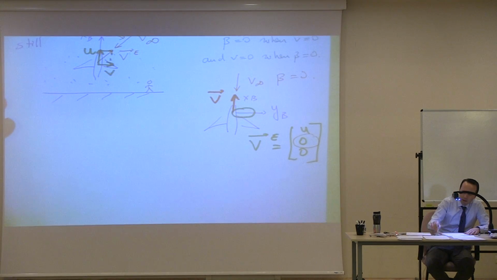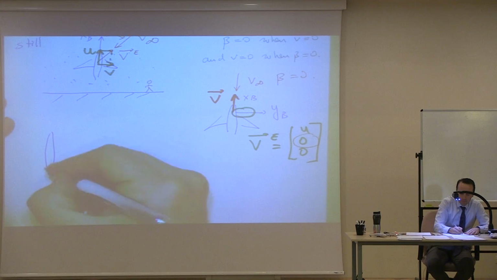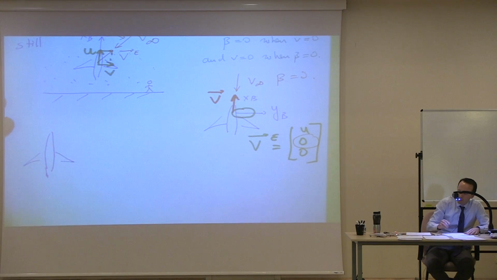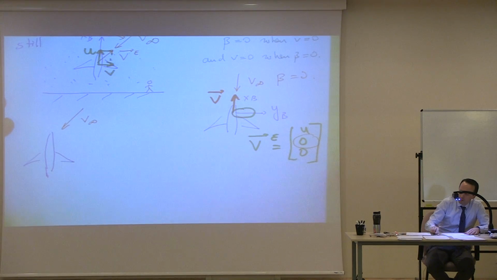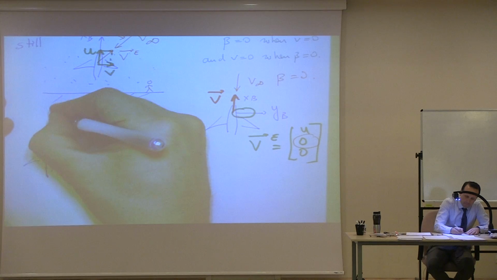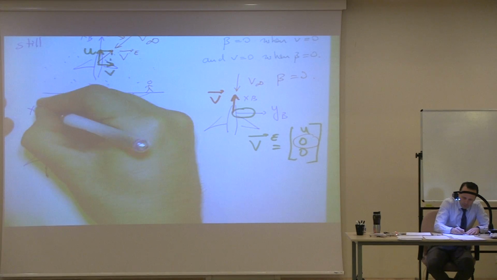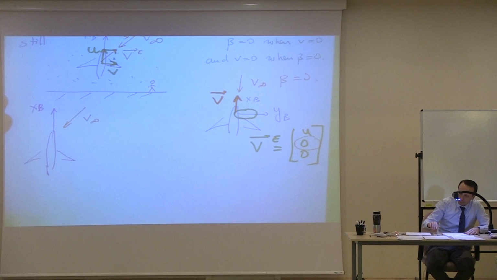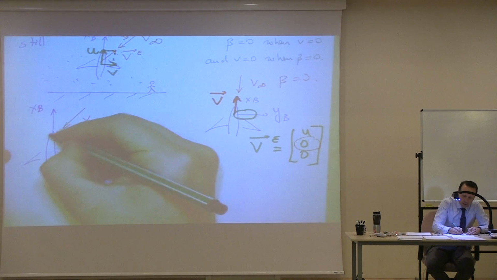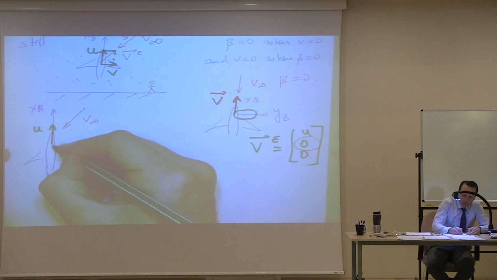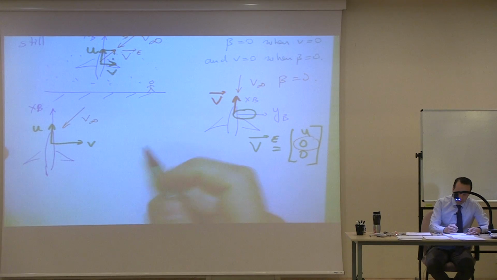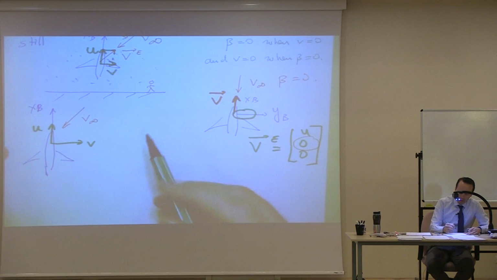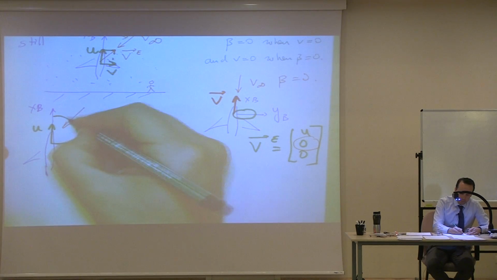So the way we define this now is like this. As I said, the velocity of the airplane means that this is u and this is v. Okay, and this is v. And this is beta.